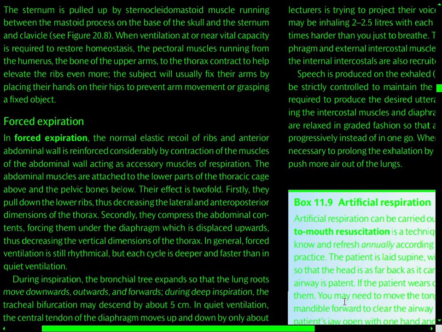What happens when ventilation at or near vital capacity is required to restore homeostasis? The pectoral muscles, running from the humerus, the bone of the upper arm, to the thorax, contract to help elevate the ribs even more.